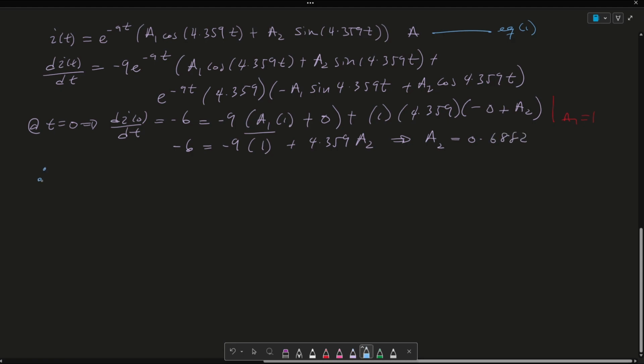If you do the math on this, you get that A2 is equated to 0.6882. And finally, therefore, we can say that I of t is equated to e to the minus 9t times cosine 4.359t plus 0.6882 sine 4.359t, and this is in amps.